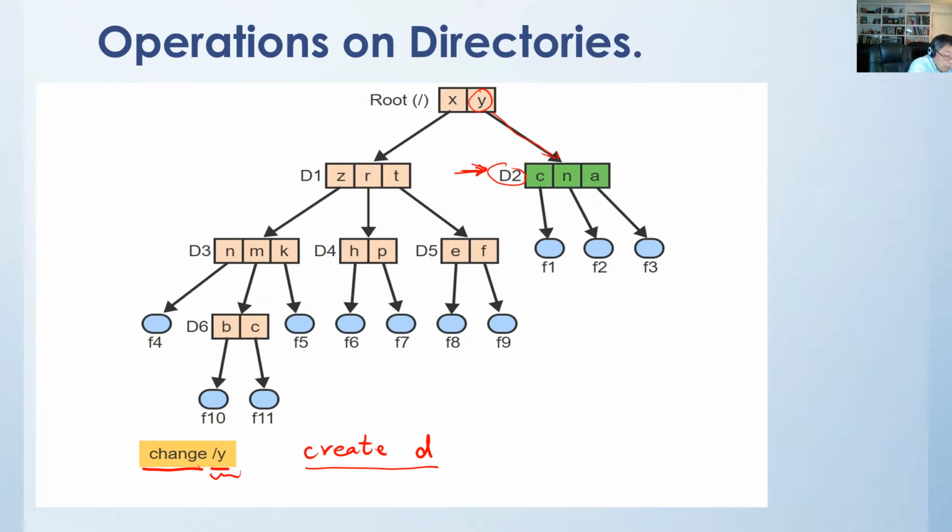So we create a directory D, where D is the directory name, the ASCII name. Then the operating system file system creates an internal ID for that directory. At this moment, the directory is empty, there's nothing in there. That's the create command, which creates a new directory with the name D, internal ID D7.